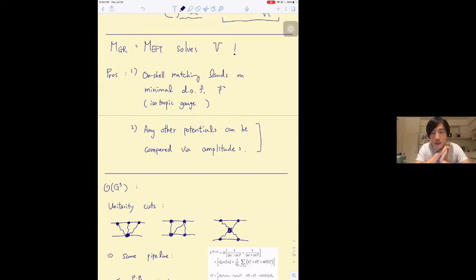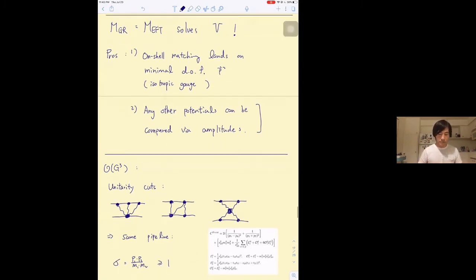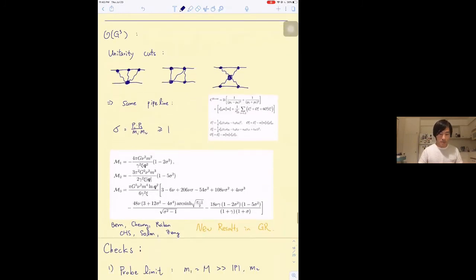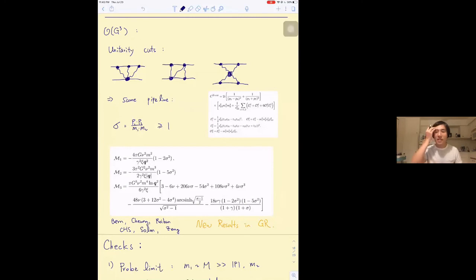So yes, what I would do is, instead of just comparing the potential, I would take the potential in the literature and calculate from their potential the corresponding amplitude, and I would compare at the amplitude level. Okay, thanks. Yeah, there are some technical details, you have to be careful when you calculate the amplitude, but we can discuss that after.